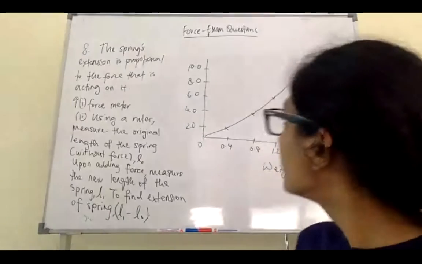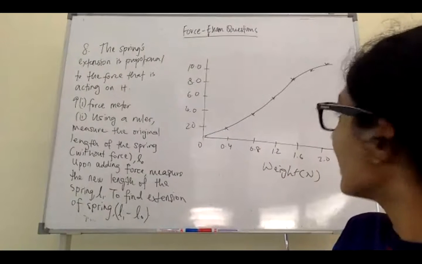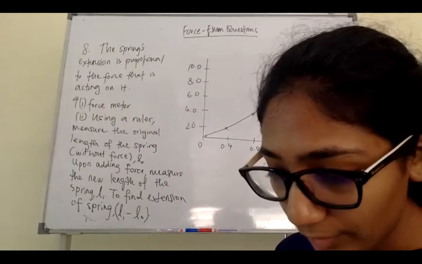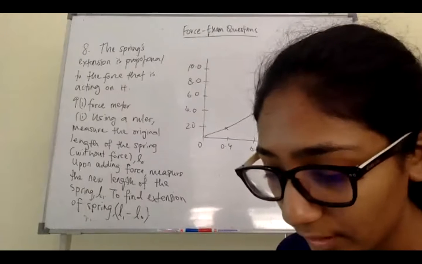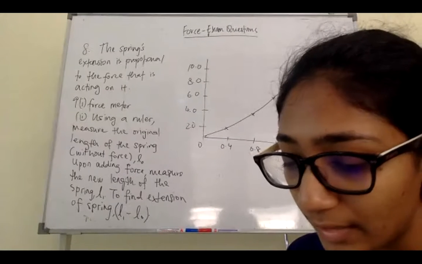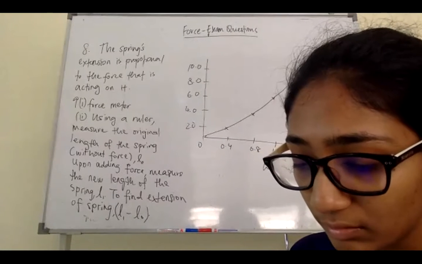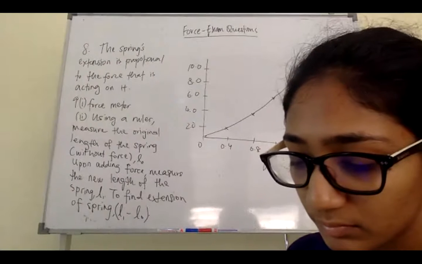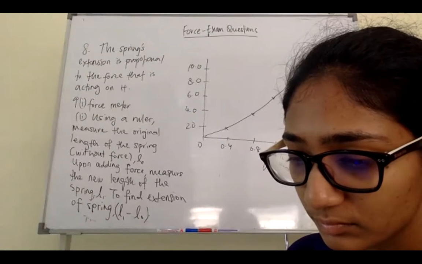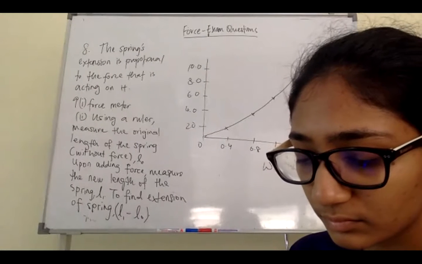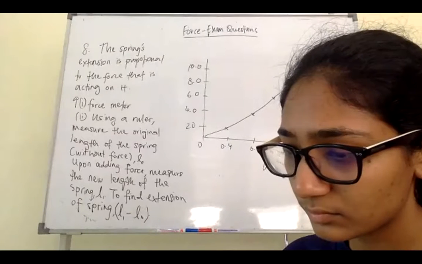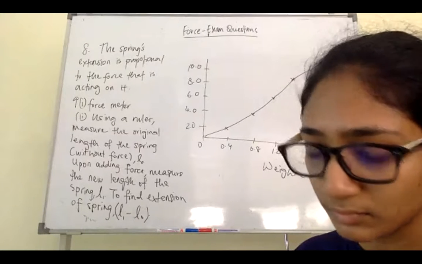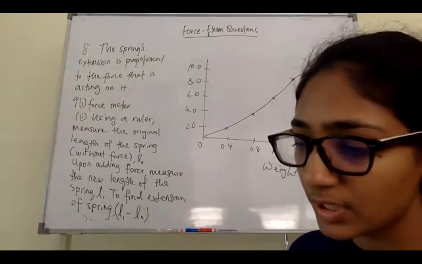Zarib, for your 2.0 and 2.4 weight, it is 8 and 8.5 and 8.6, but your graph is going above 10. So please check that again. Please recheck your plotting.